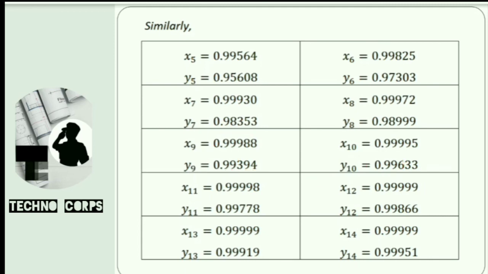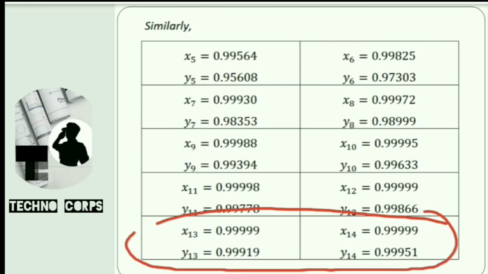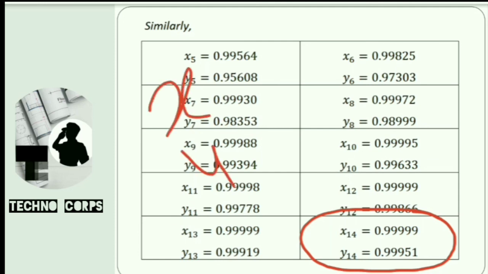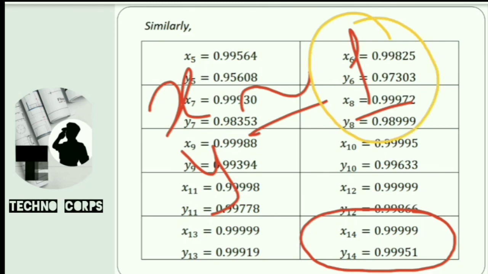In the 13th and 14th iteration, I got the value of x equal, and for y it is similar up to 3 decimal places. So here we can stop our iteration, and this value can be taken as the answer, the roots of x and y. You can see the values of x and y are coming almost equal to 1, and this is the actual root. So we are getting a fine value which is very near to the actual root.